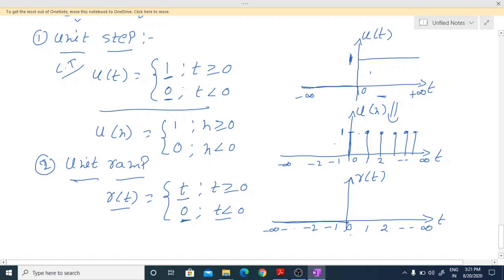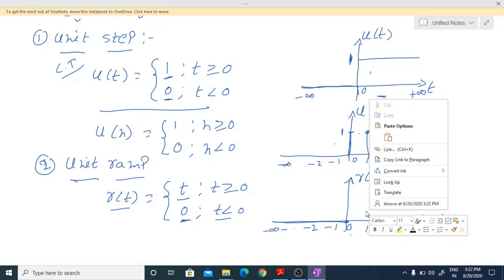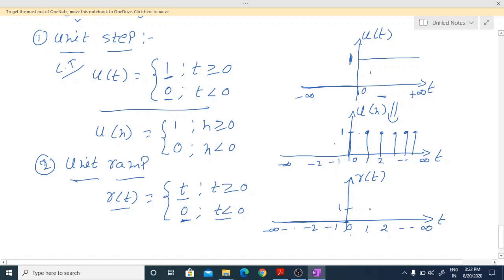What is the t value? The same t is considered as the amplitude of r of t whenever t is greater than or equal to 0. So if t is 0, then r of t is also 0. Whenever t is equal to 1, r of t is also 1. Whenever t is equal to 2, then r of t is also 2.